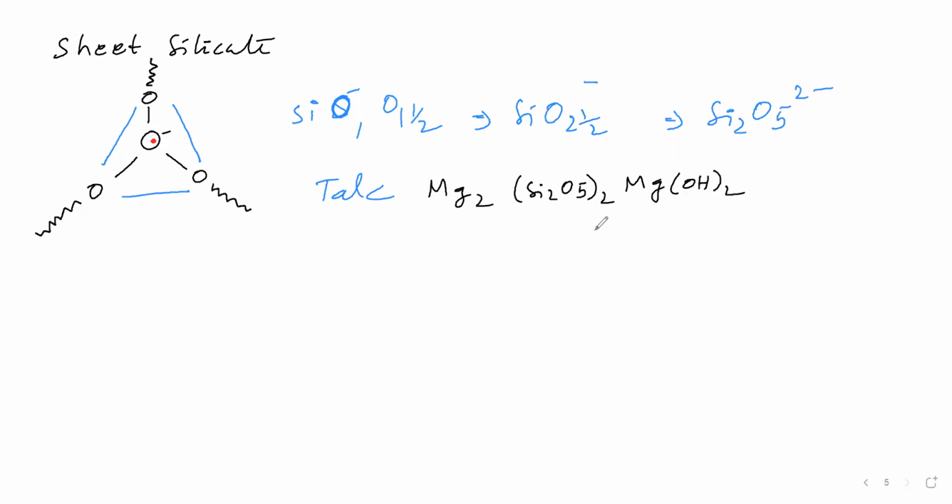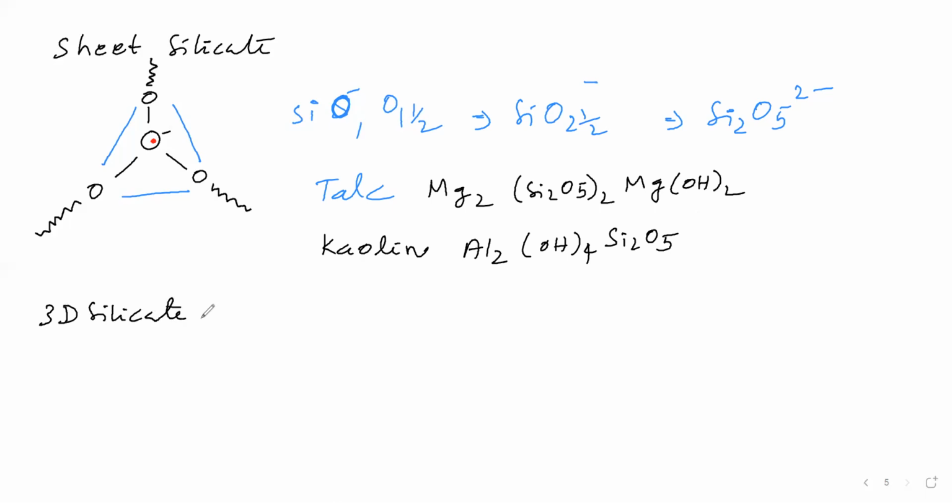Next, kaolinite. For this formula, Al2 OH 4 times, Si2O5. Okay. Next, we will go for 3-dimensional silicate. We will see 3-dimensional silicate.